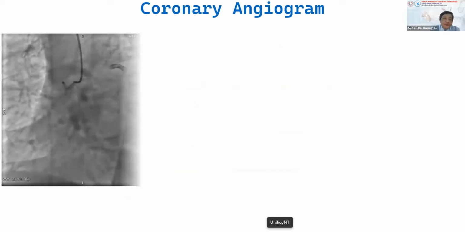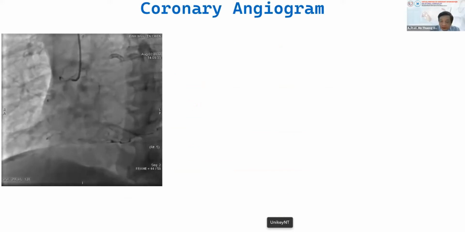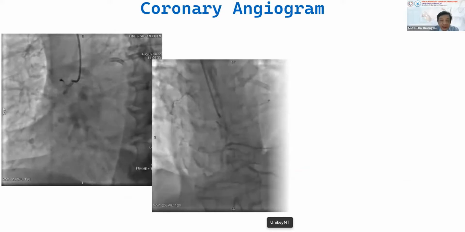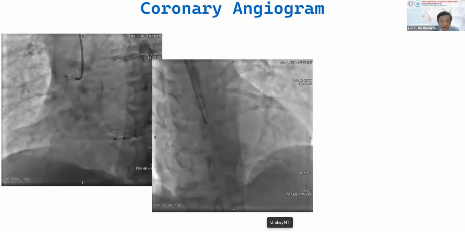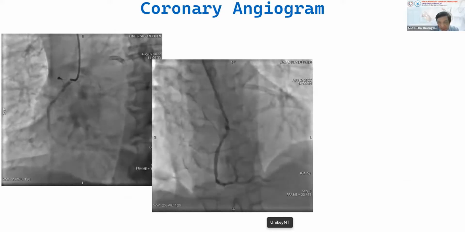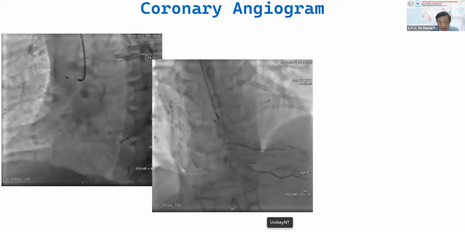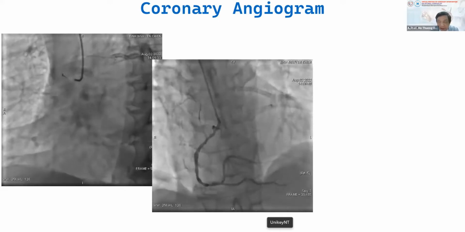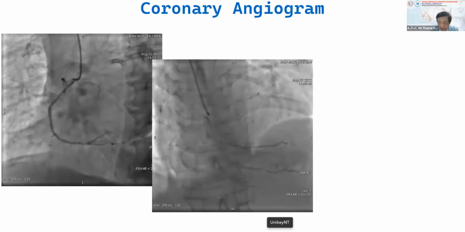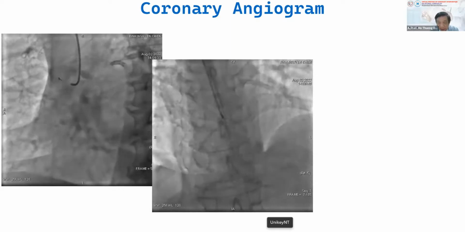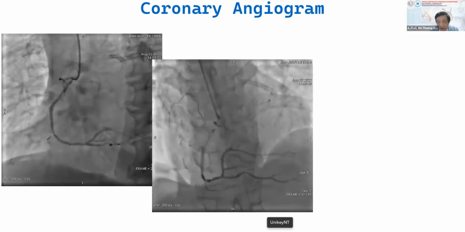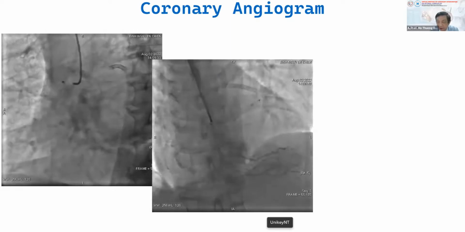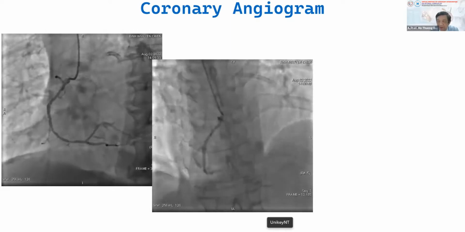And this is the coronary angiogram. On the right side, we can see a severe long diffuse lesion along the proximal, mid, and distal segments. And when I look at the history of PCI, in the RCA the patient had two BVS deployed.